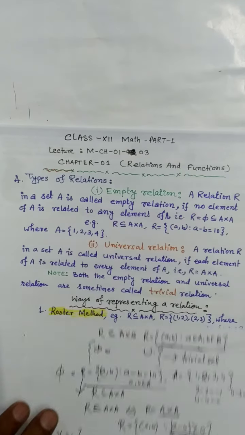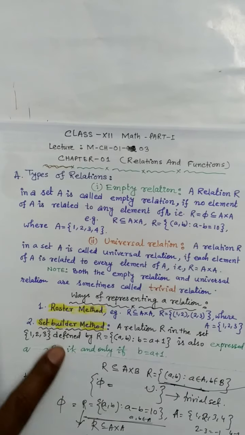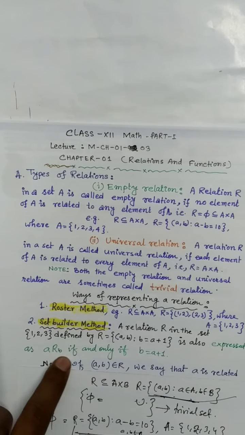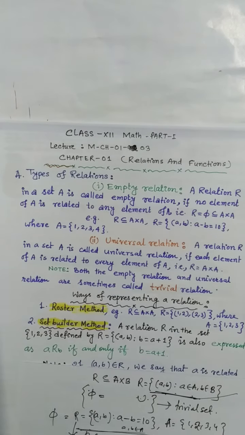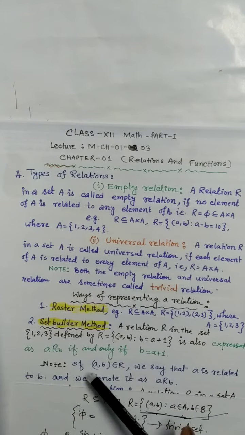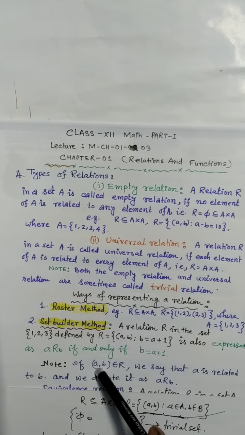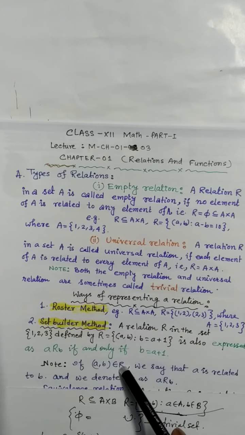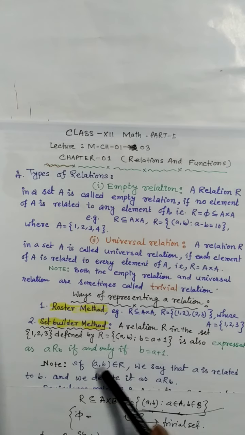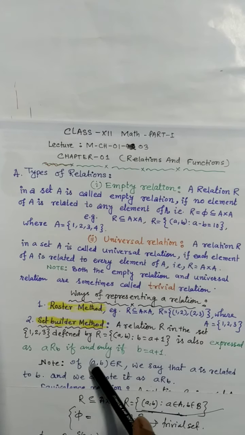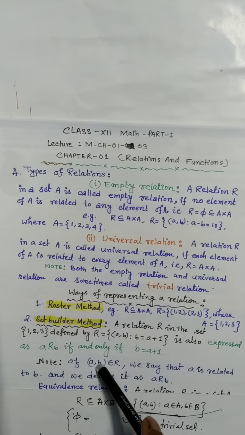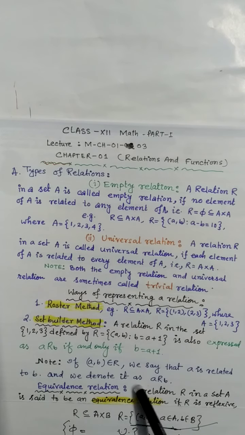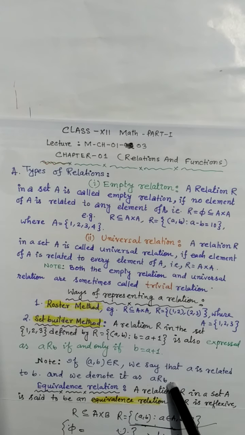You can see here the roster method and the set builder method, and this one is also expressed as a is related to b if and only if b equals a plus 1. In the note I have written that if the pair (a, b) belongs to the relation R, it means a is related to b. Here these two points are related with each other, and it is denoted by a R b.